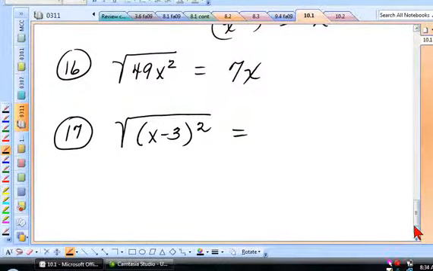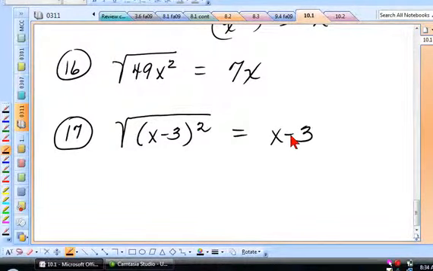Well, let's not make it any harder than it is. Right now you're going, "Ooh, do I need to multiply that out? What do I need to do with it?" What did you do with the x squared on number 16? Didn't you just divide the implied index 2 into it? Do the same thing here. You're going to get x minus 3.